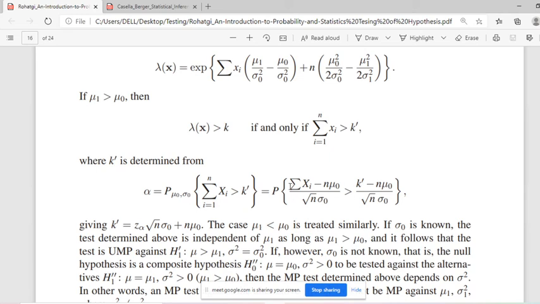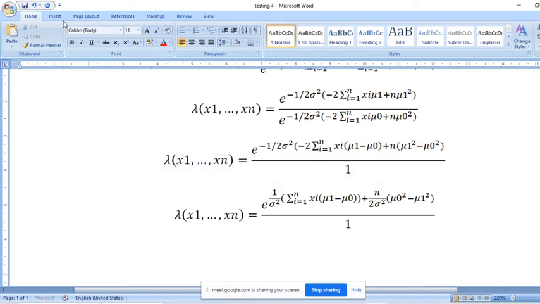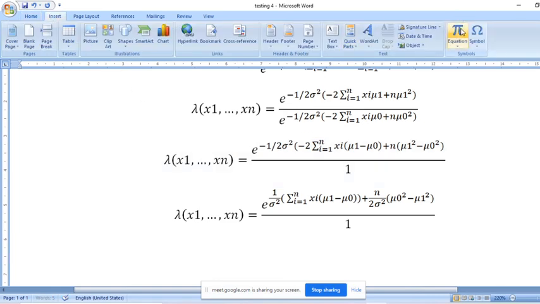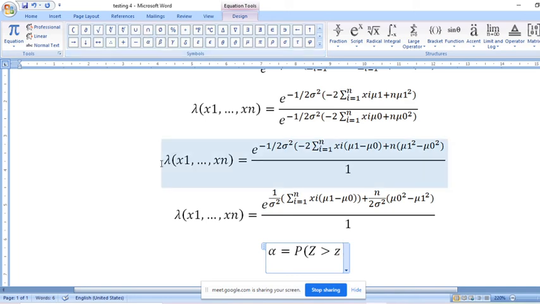So alpha equal to probability of set greater than this one, but this is nothing but set alpha, because you know that alpha is equal to, from the standard normal curve, probability of set greater than set alpha on certain test.